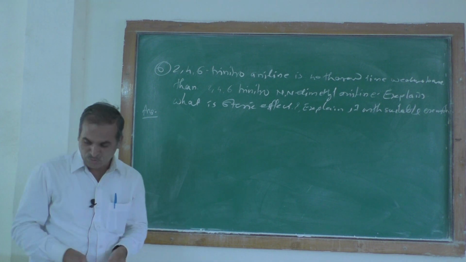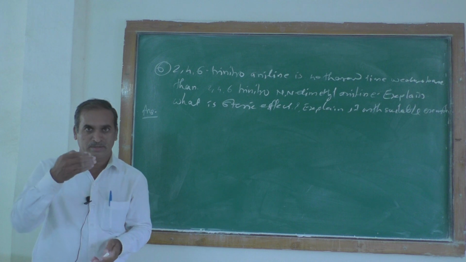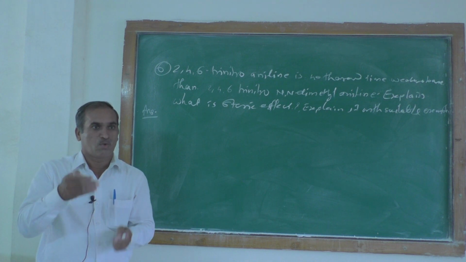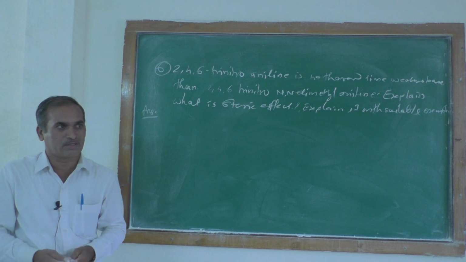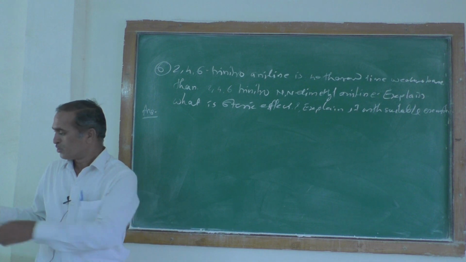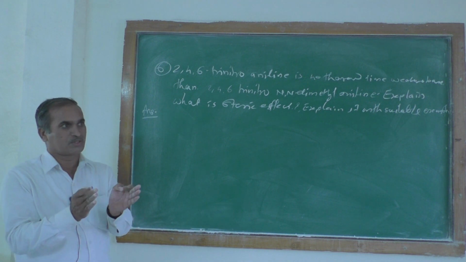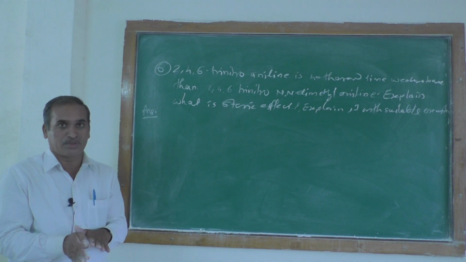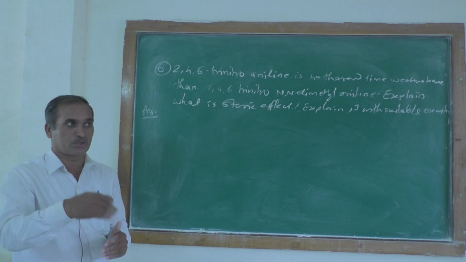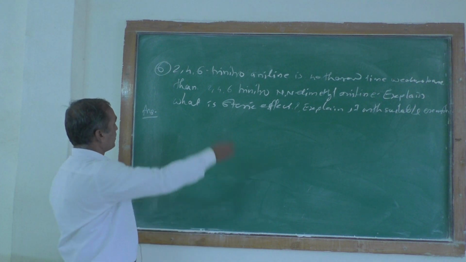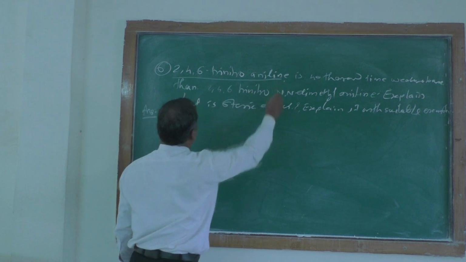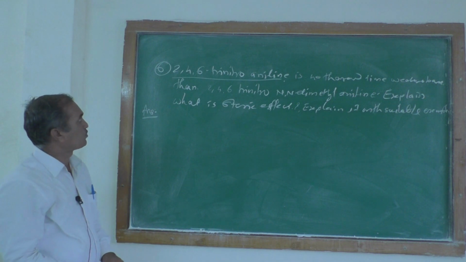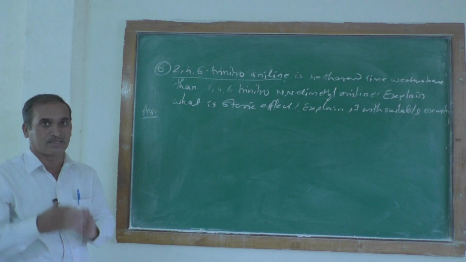So first, what is the first thing required while answering organic questions? You must know the structure of the organic compound, and then you will be able to answer this type of question. Now this is the compound 2,4,6-trinitroaniline.